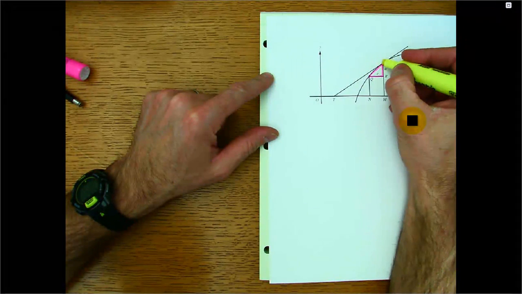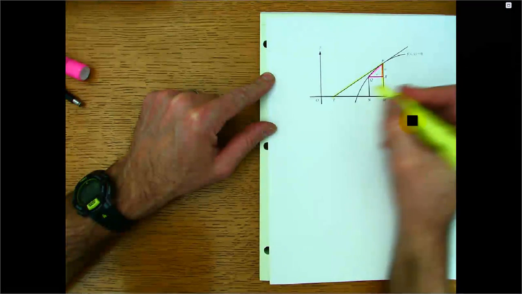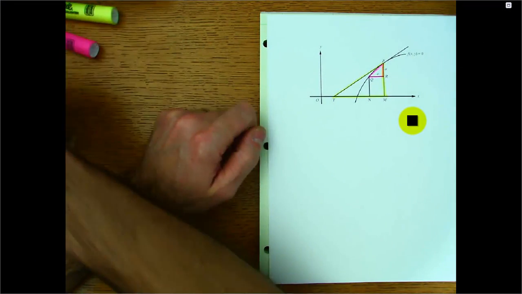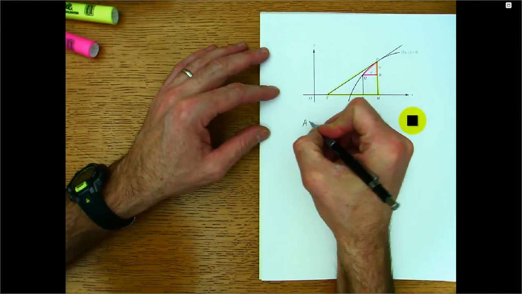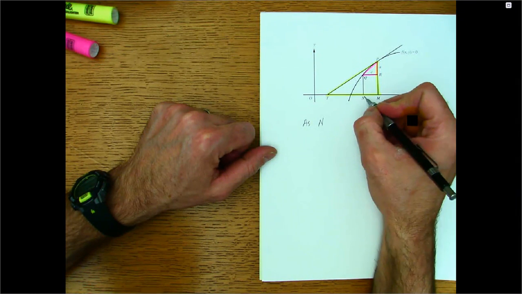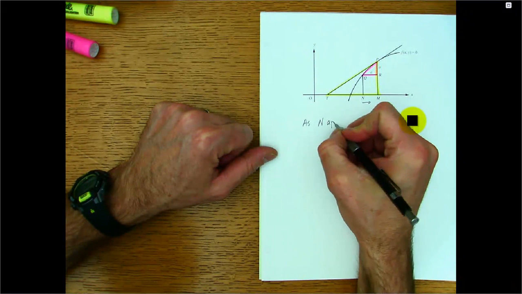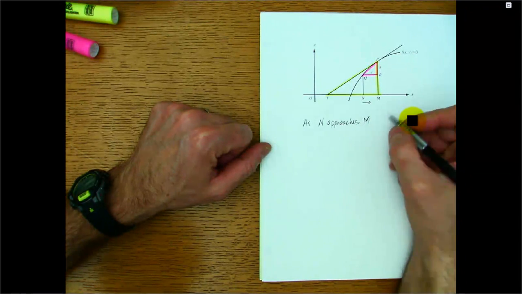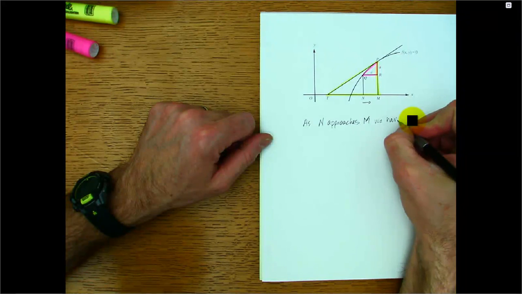Barrow made an argument that related that triangle to this one, PMT. The argument was this: as the point N approaches M, Barrow argued the following.